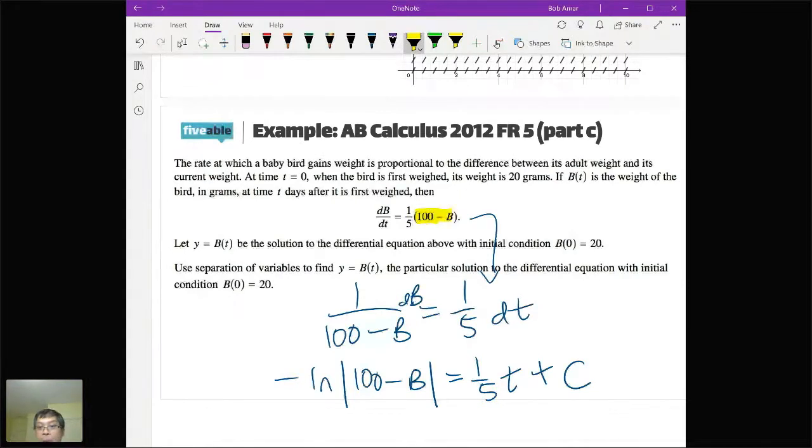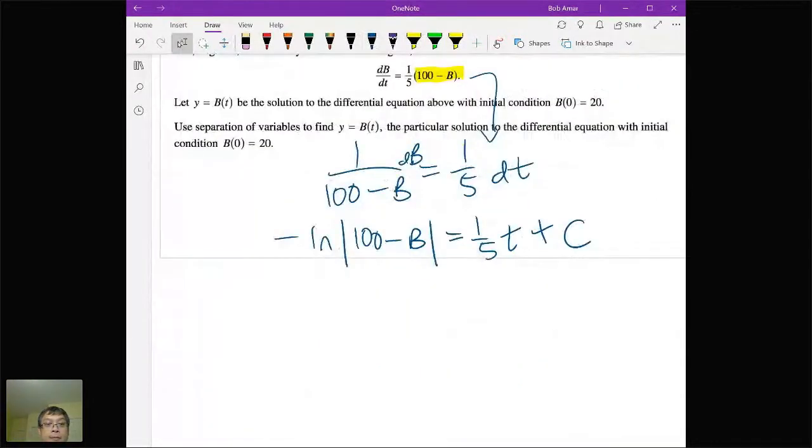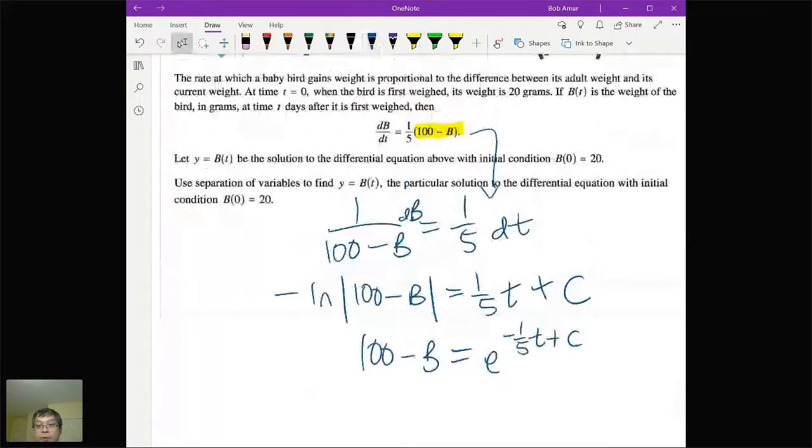You always end up with ln of that part on the left-hand side, and then to resolve the equation, you always have to raise e to both sides. And so what that's going to do is create an exponential model on the right-hand side. And so these always turn into exponential models. But now that you've seen separation of variables, that is how all of them are solved.